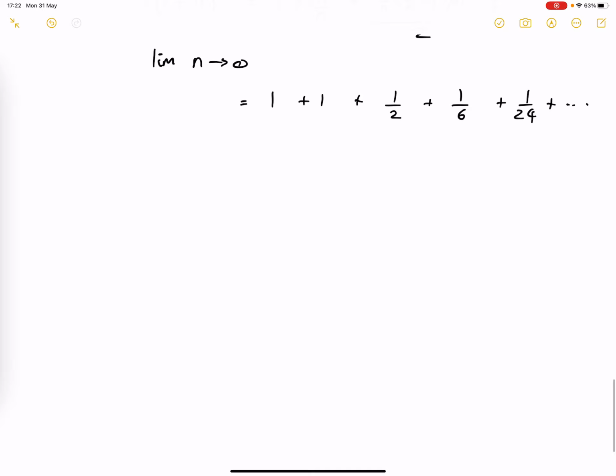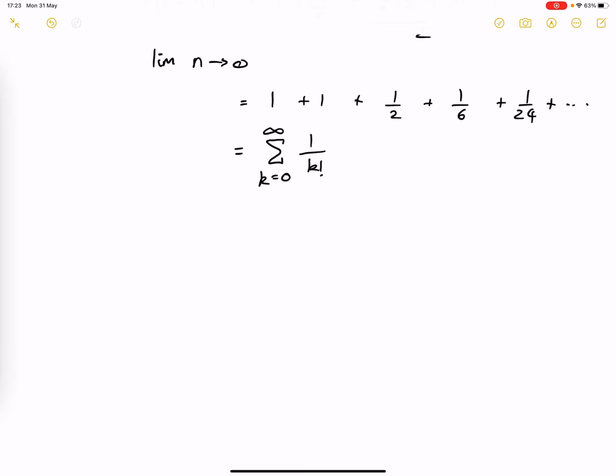And what you can represent this as is the sum from k equals 0 to infinity, for some constant integer k, of 1 over k factorial.